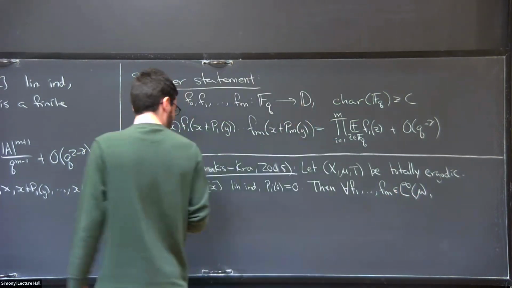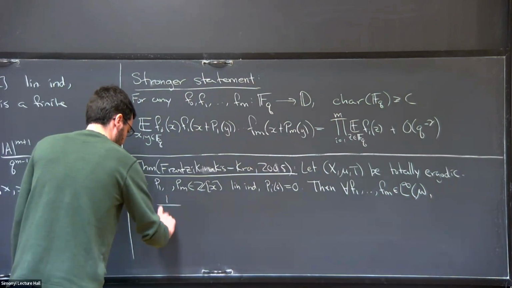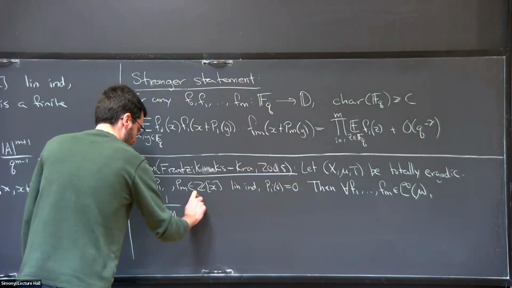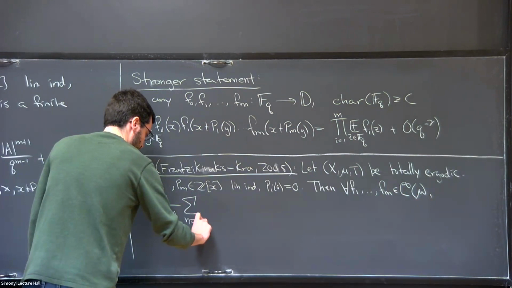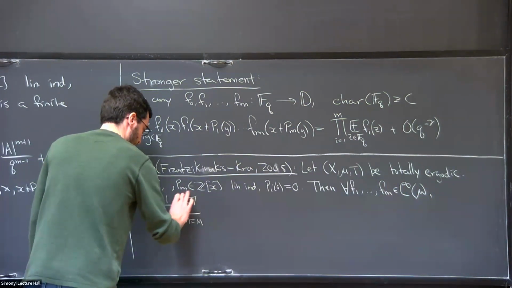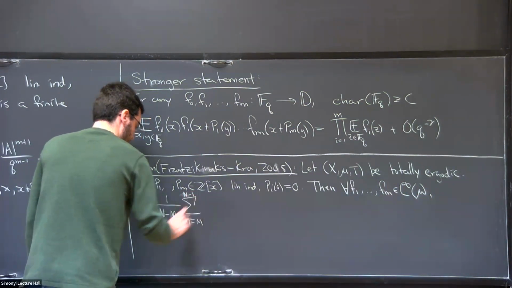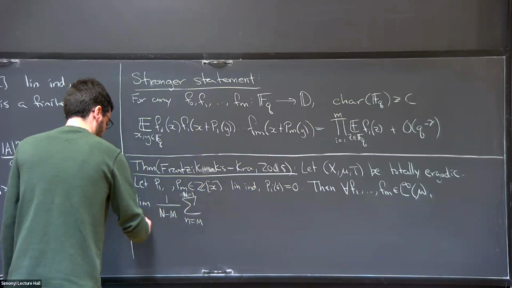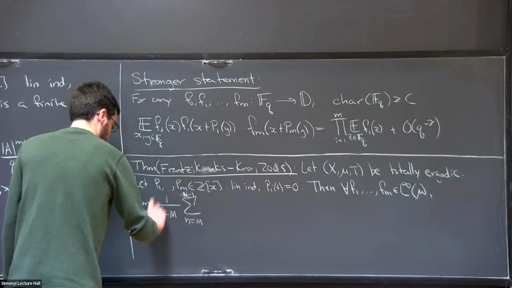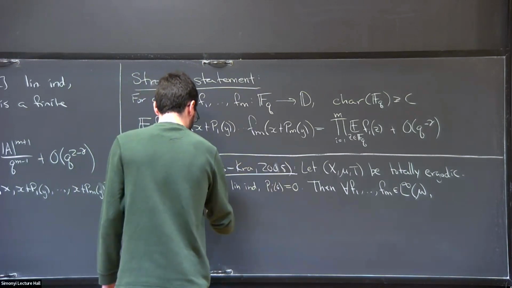Then for any bounded functions, if I look at a multiple ergodic average corresponding to these polynomials, there will be some kind of asymptotic independence.